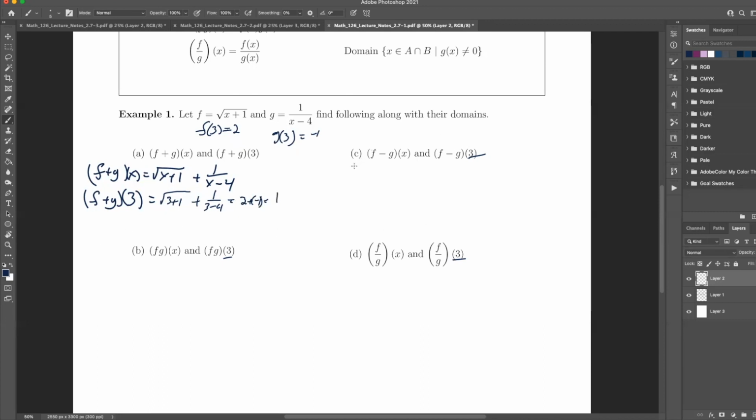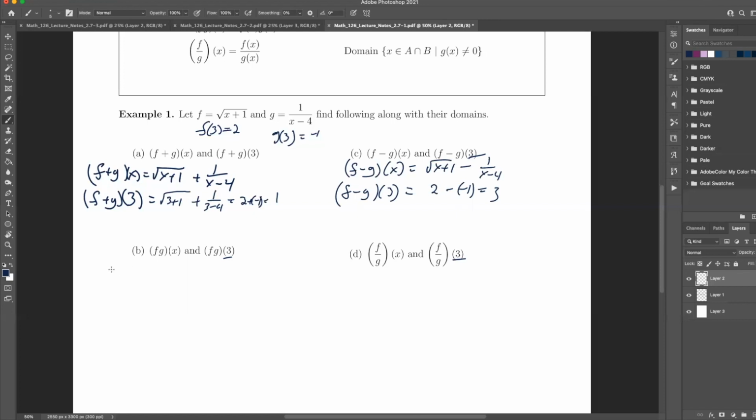We can do the same thing for f minus g. This isn't horribly interesting: it's the square root of x plus 1 minus 1 over x minus 4. If we wanted to find it at 3, we could plug it in, or we could use the known values: 2 minus negative 1, so this will be 3.